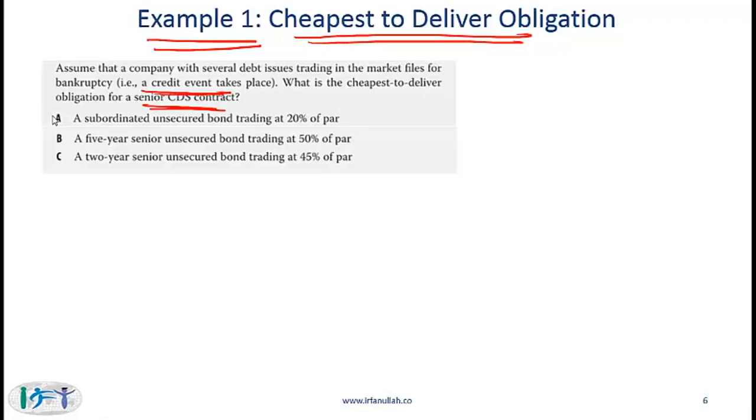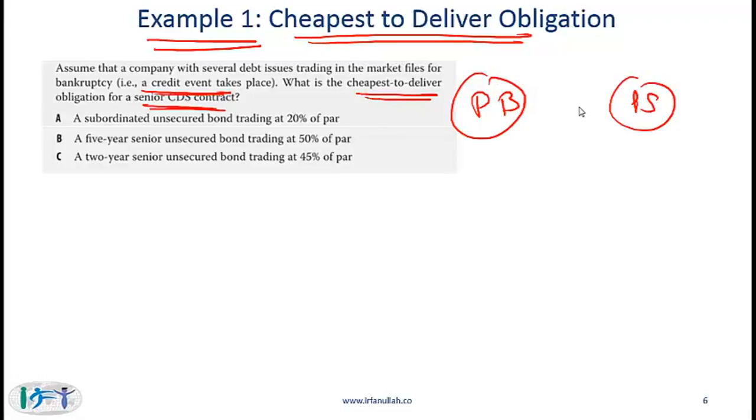Now, before we go into the response, let us just understand this cheapest to deliver concept. As we've said several times, there is a protection buyer and a protection seller. If there is a credit event, then the protection seller needs to compensate the protection buyer.